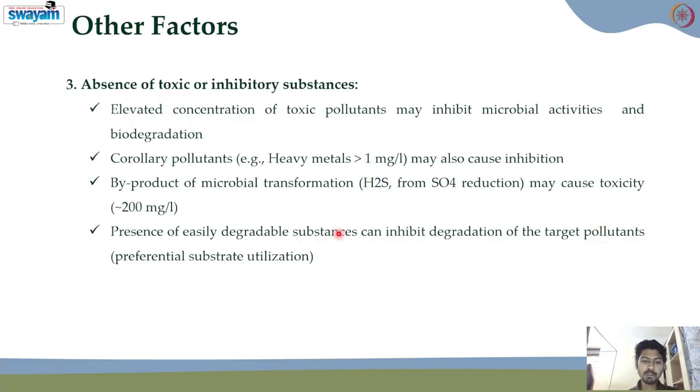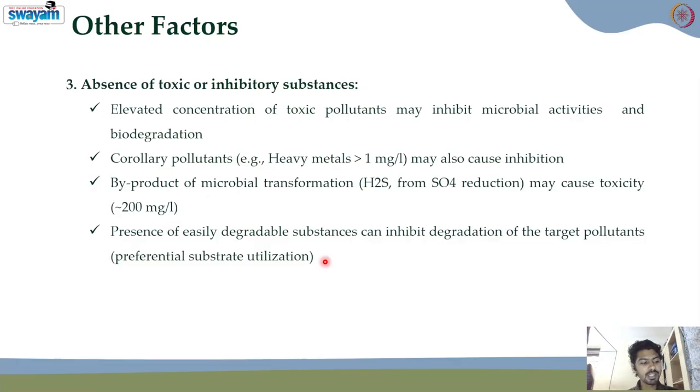So it is always preferred to identify the microorganism that can use the pollutant as the carbon source. From these factors, we understood that the right pH balance, the right temperature, and freedom from toxic or inhibitory substances help us turn the pollutant into a clean and healthier ecosystem.